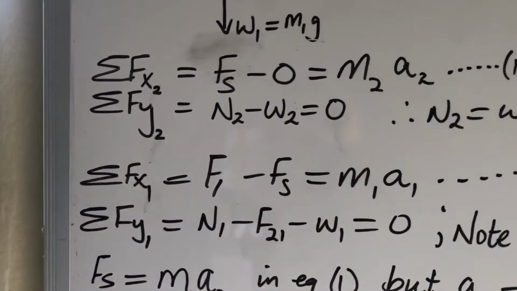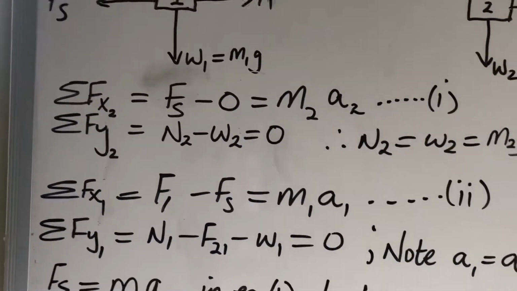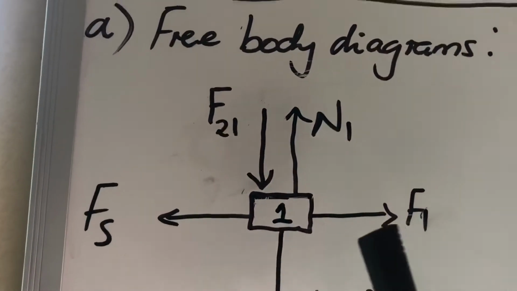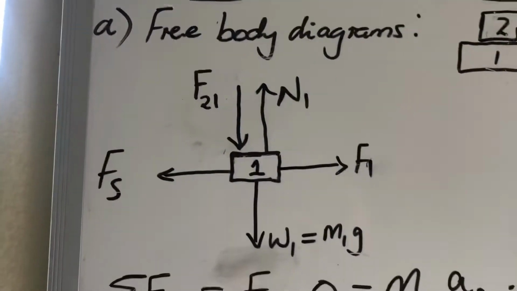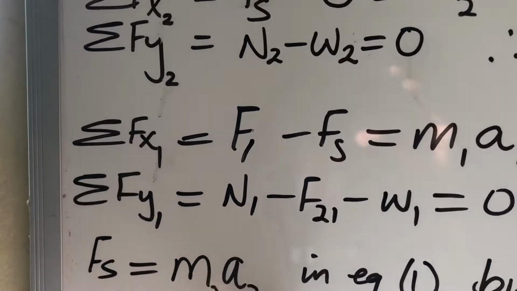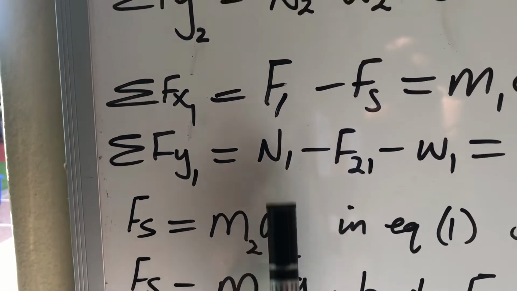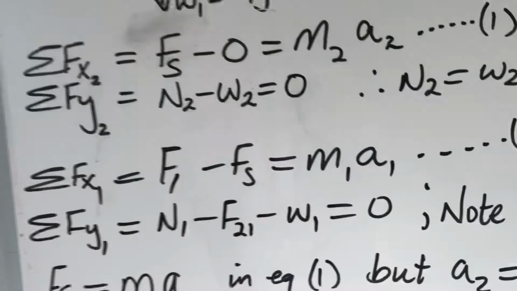Now, if we are to calculate the forces that are acting on block number 1, we start with the x-axis. So if we look here, we've got F1 minus Fs, and this will give you Ma. So the summation of forces in x, F1 minus Fs, is going to be equal to Ma.